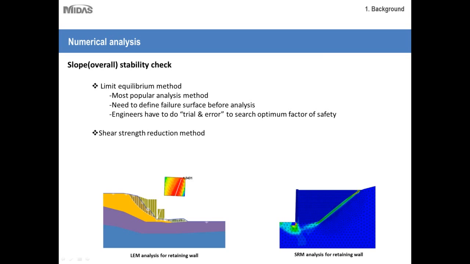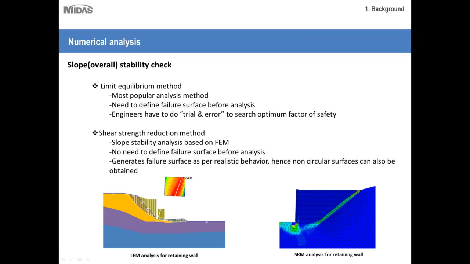Most importantly, here you are not assuming anything. Here you are not assuming a grid size or doing any kind of permutation and combination. Here the soil is behaving accurately as per the constitutive material model that you have assigned. So it is a more natural and more accurate way of analyzing a given situation. Basically this slope stability analysis method is based on FEM, or the finite element method.